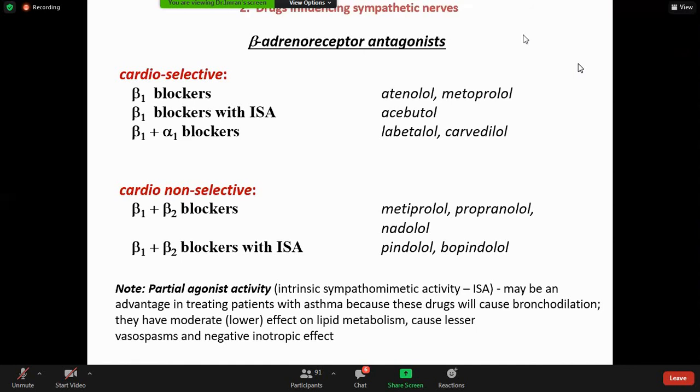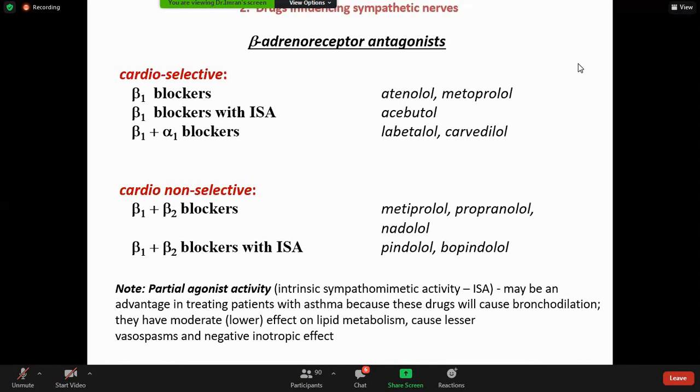Anyone? Okay, there is an answer: bronchoconstriction. Let me explain it. Normally beta 2 receptor stimulation produces bronchodilation, right? So when we block this receptor, the opposite effect occurs: it will cause bronchoconstriction.